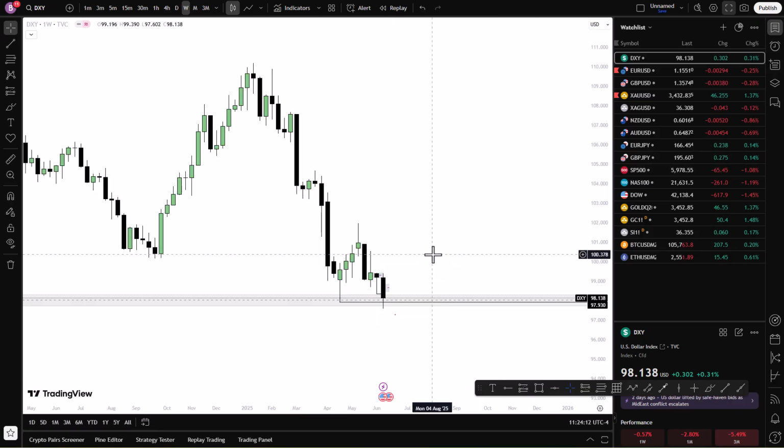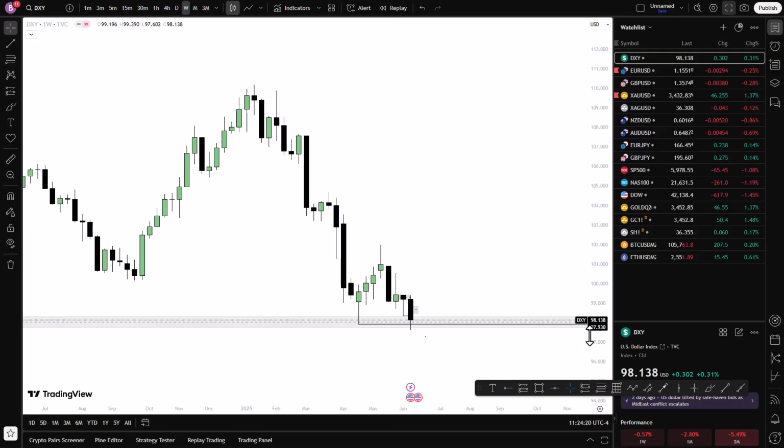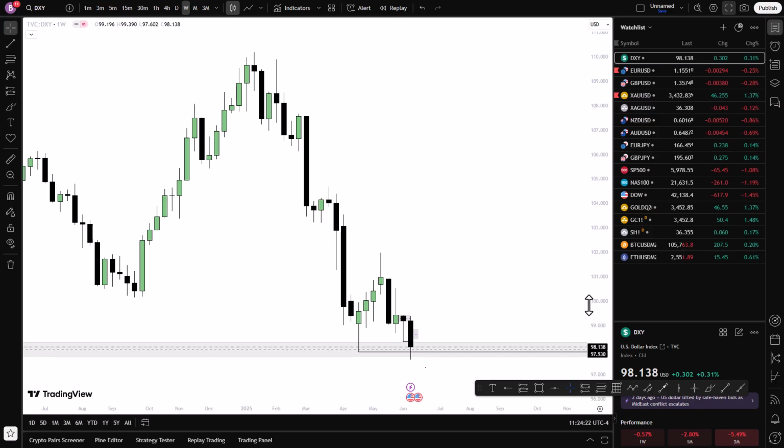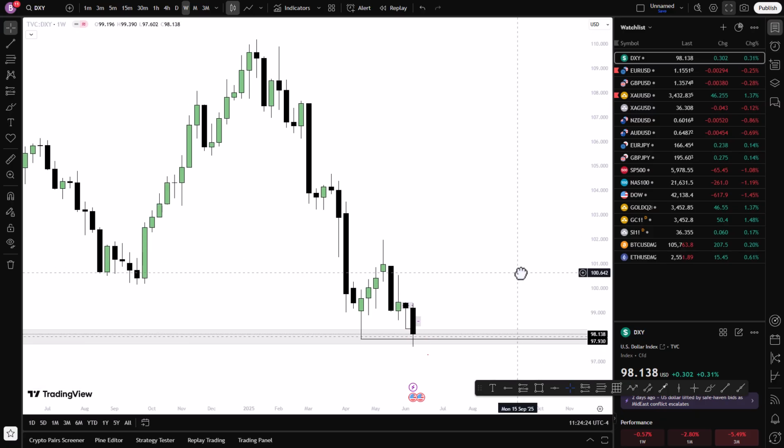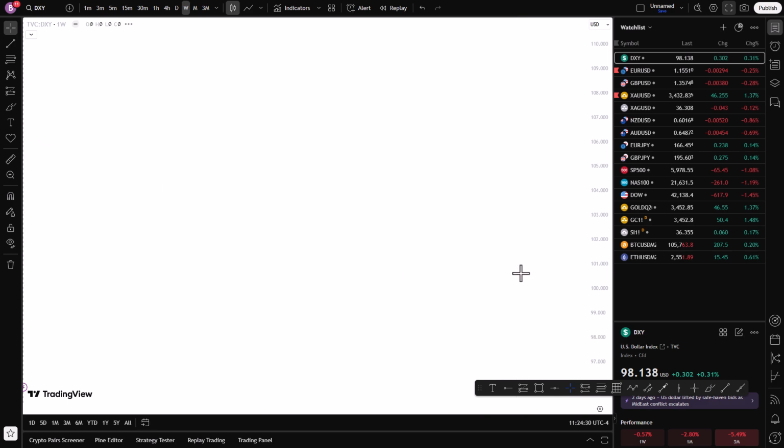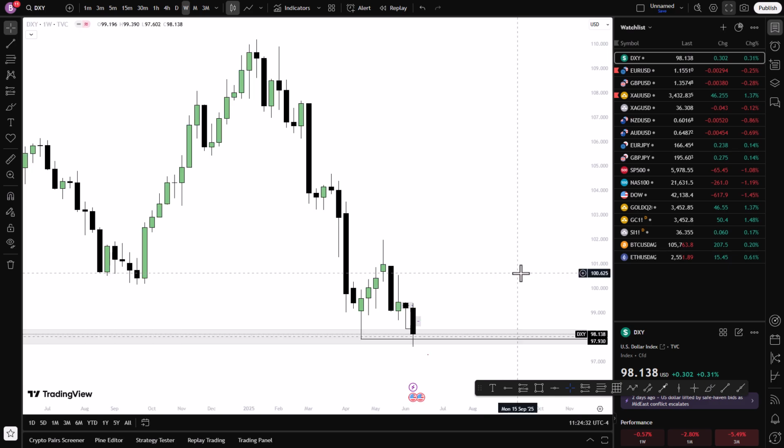So this is the dollar index, and I've told you before we look at the foreign currencies, we have to also look at the dollar index because the dollar is negatively correlated to the foreign currencies like GBPUSD, EURUSD.